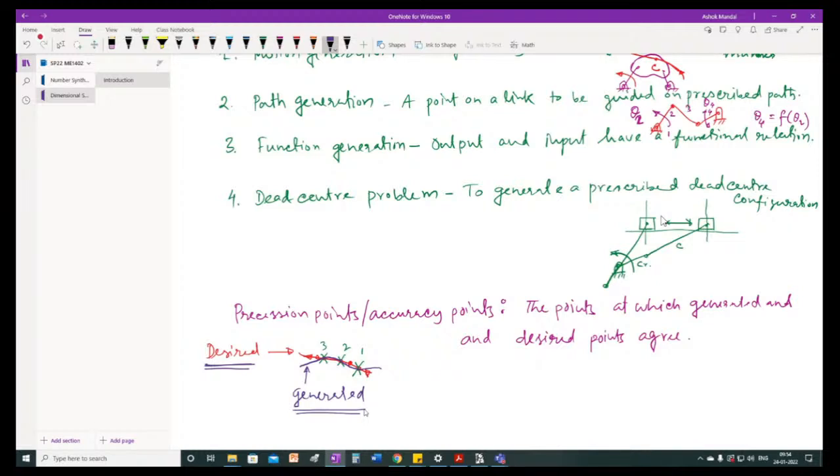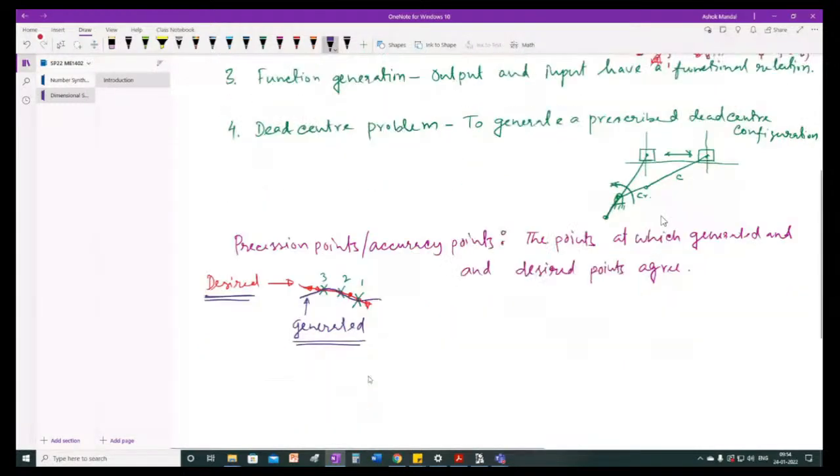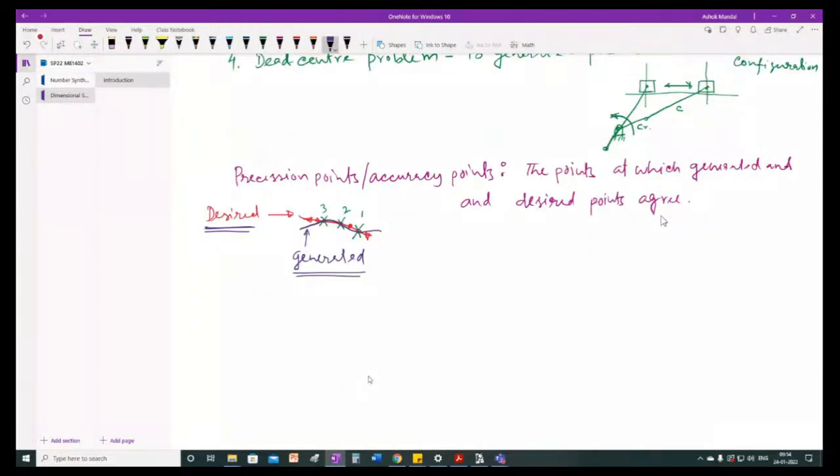When you have a requirement of this kind of design, then it is always specified that at these points, the generated mechanism, the designed mechanism, must satisfy the requirement. So these are called accuracy points or precision points.